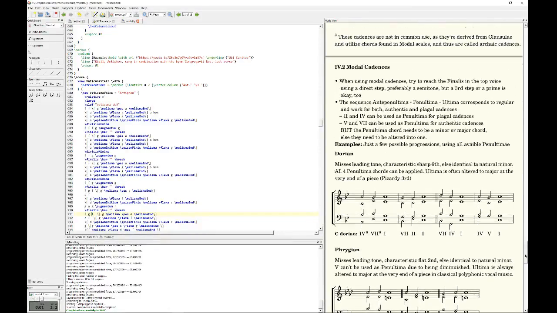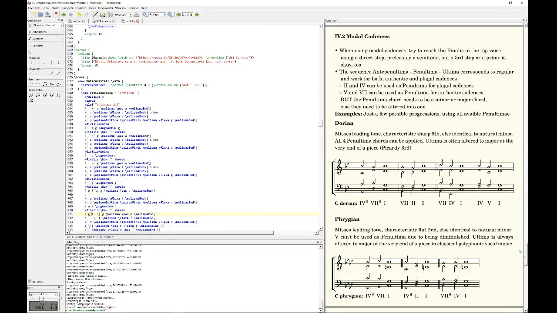And if we want to use chords according to our today's understanding of cadences, while still maintaining the archaic feel of these cadences, there are a few guidelines that can be followed. First, when using modal cadences, we try to reach the finalis in the top voice.